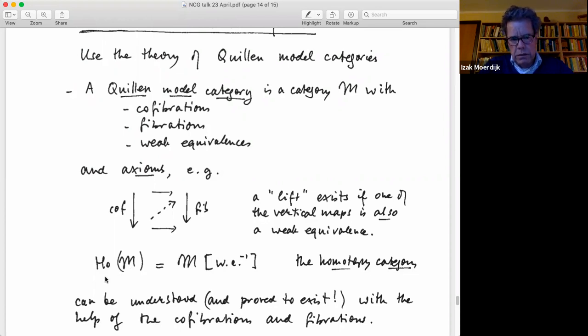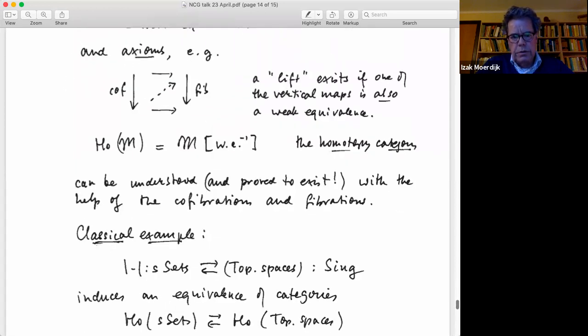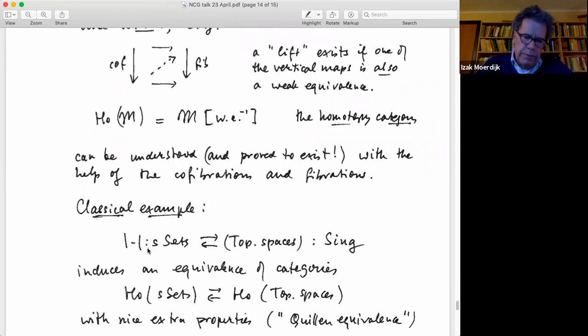One of the inventions of Quillen was that this extra structure of the cofibrations and fibrations helps you to understand that this category actually exists, that you don't run into set theoretic problems if M is a large category, like the category of spaces, and also that you can actually calculate with it. And he used that to, for example, well, here is a basic example.